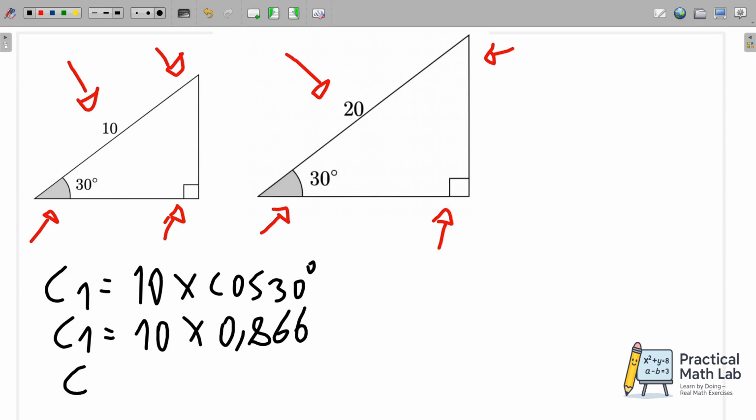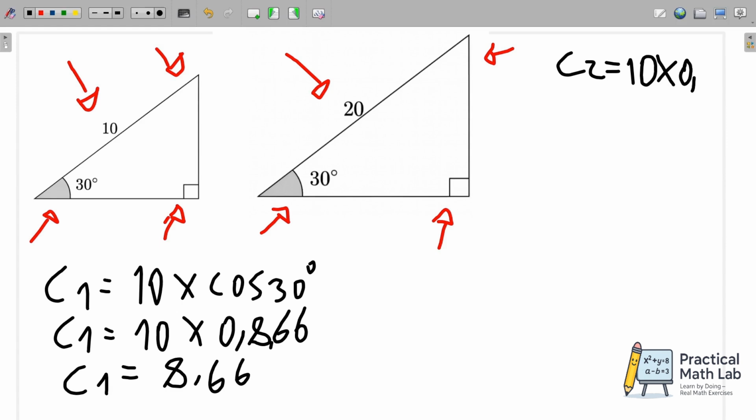So the adjacent leg is equal to, you just move the decimal one place over when multiplying by 10, so it becomes 8.66. The opposite leg is equal to the hypotenuse times the sine of 30, which is 0.5. So the opposite leg is equal to 5. 10 times 0.5 equals 5.